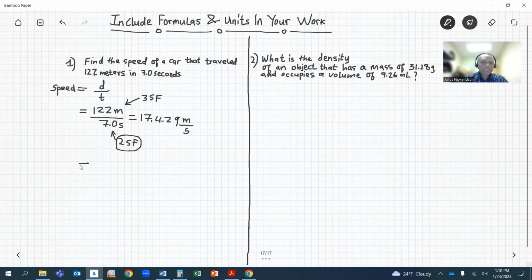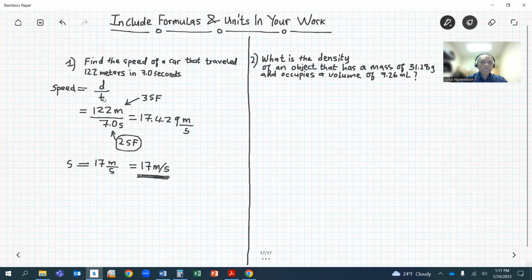So the final answer here, the speed, will be equal to 17 meters per second. Take note that this is the same as 17 meters slash seconds. The same thing. So that will be your answer.